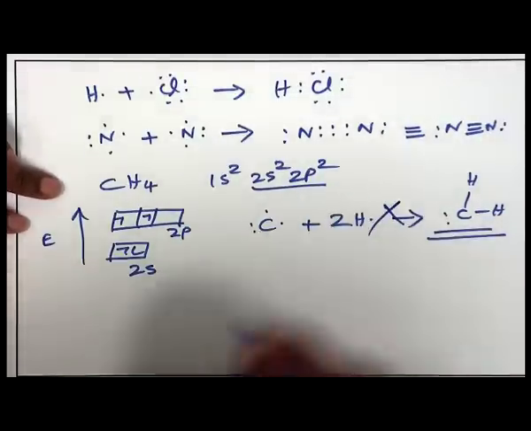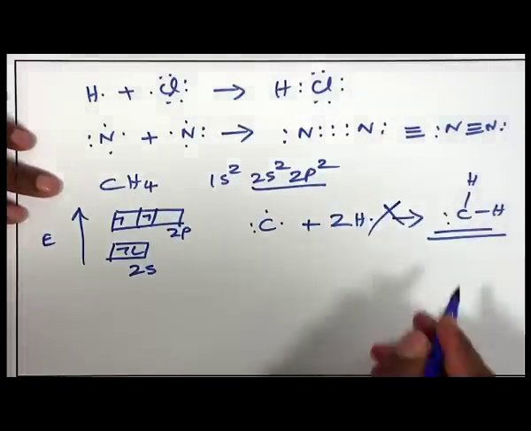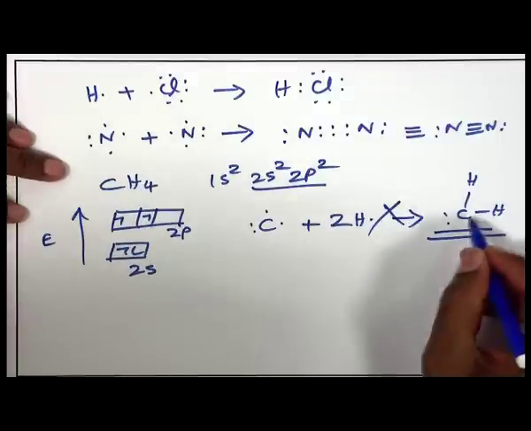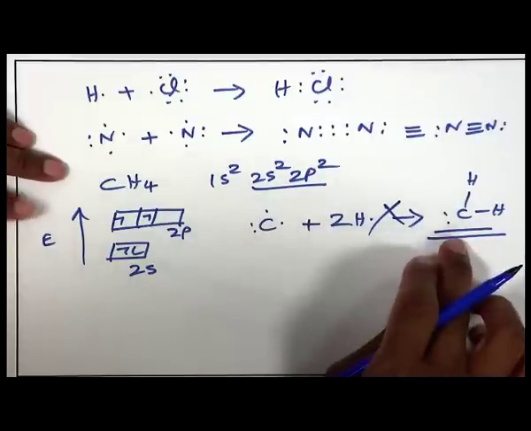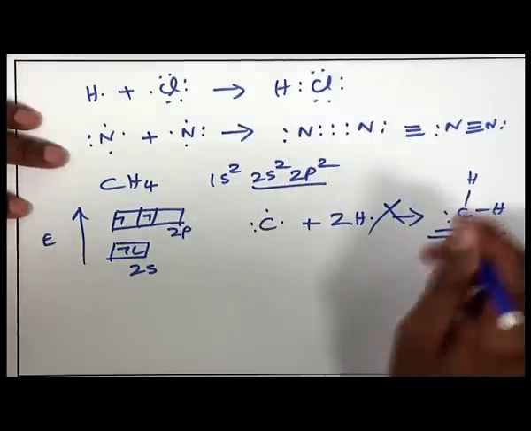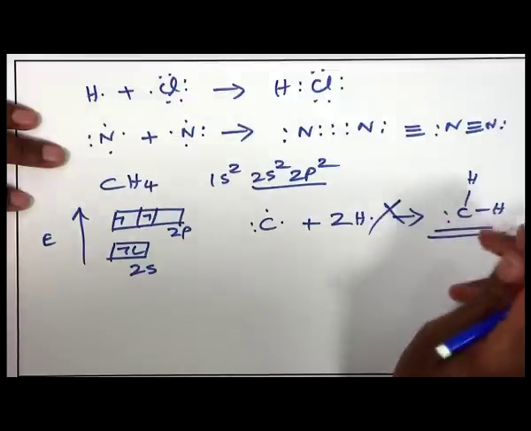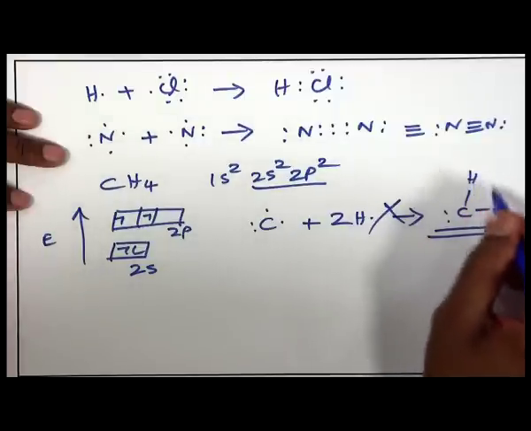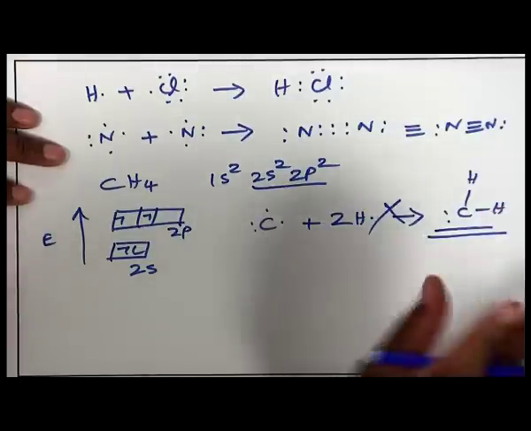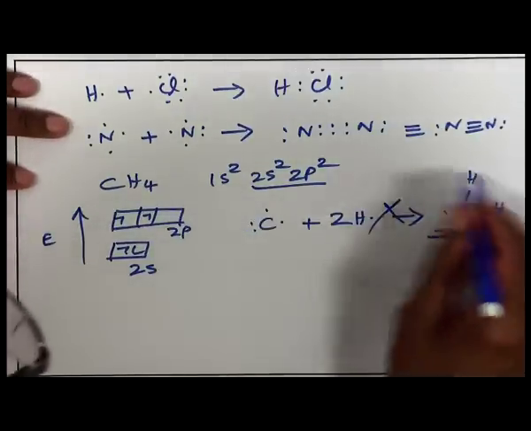It would form CH2 only, which by this logic would be more stable. In reality, this is a very unstable molecule. However, it exists with different R groups; replacing hydrogen by R groups can stabilize it, which we are not studying here. So this is not the actual situation.